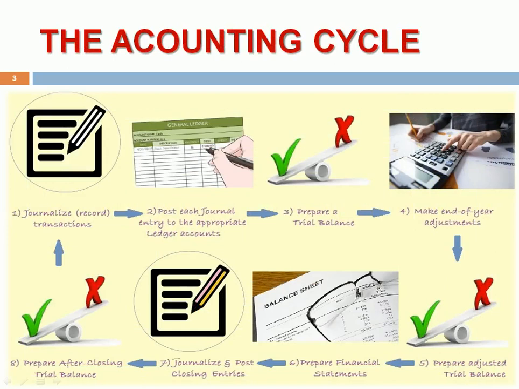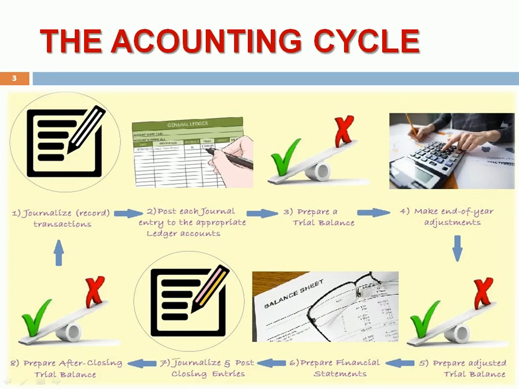Look at the diagram of accounting cycle. In the very first step, which is journalizing or recording the transactions. In the next step, we post each journal entry to the appropriate ledger accounts. In the third step, we prepare a trial balance, and in fourth step, we make end of year adjustments.